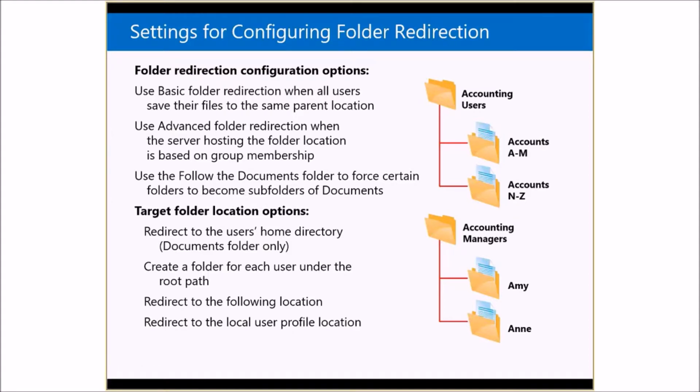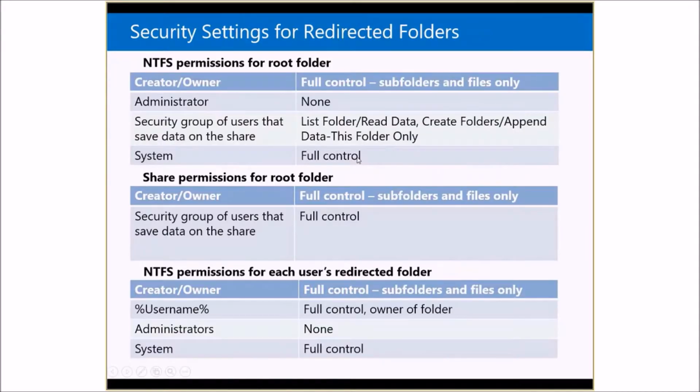So that's what I was describing just before. Instead of going to your documents under your profile, you're redirecting to your home directory, which might be on your file server. Like I said, this will make a lot more sense when we do it in the worksheet. So here are some security settings for folder redirection.